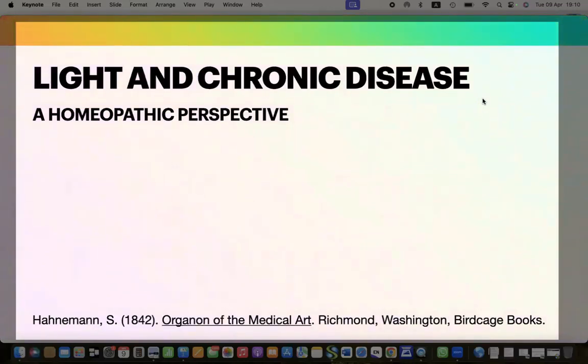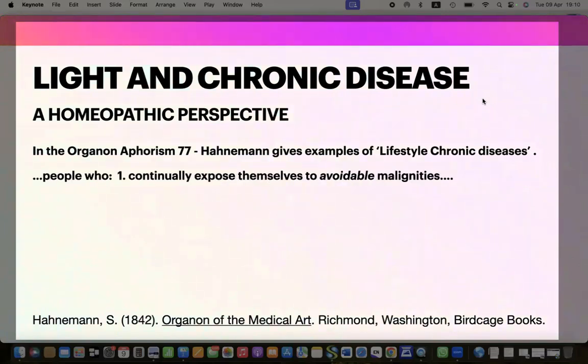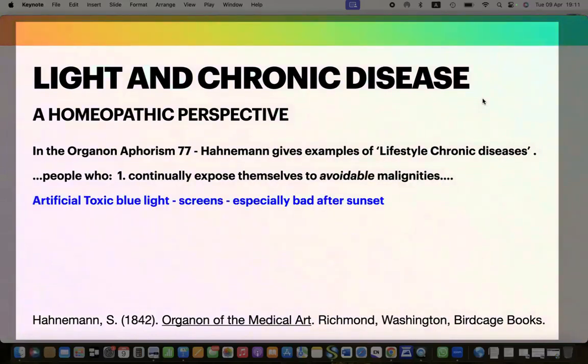So let's look at blight and chronic disease from a homeopathic perspective. The Organon aphorism 77 gives examples of lifestyle chronic diseases from his time. So people who continually expose themselves to avoidable malign forces, e.g. like in our days, artificial toxic blue light.